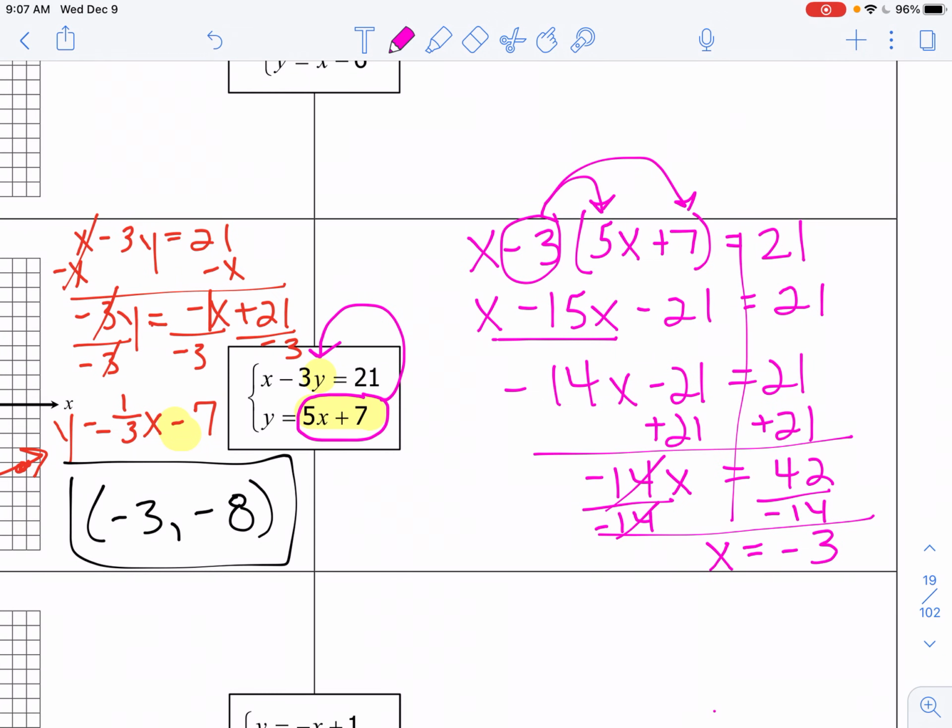Now I got to plug it back in to make sure my y is correct. So I'm going to plug it into the second equation where it's y equals. So y equals 5 times the x value of negative 3, which is negative 15 plus 7, which is negative 8. And that's y equals. Okay, so again, my final solution is negative 3, negative 8.